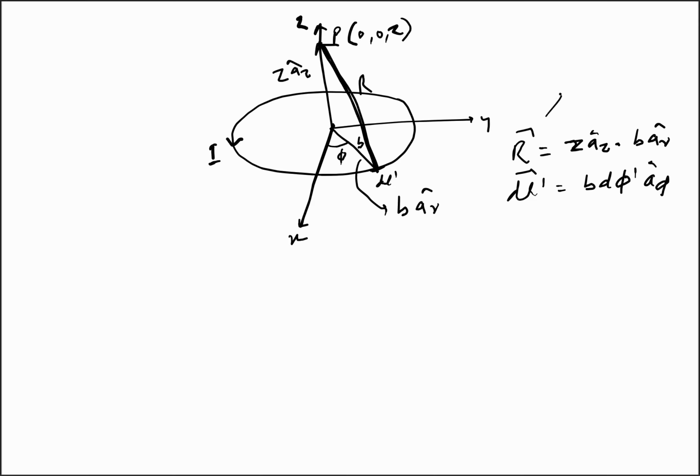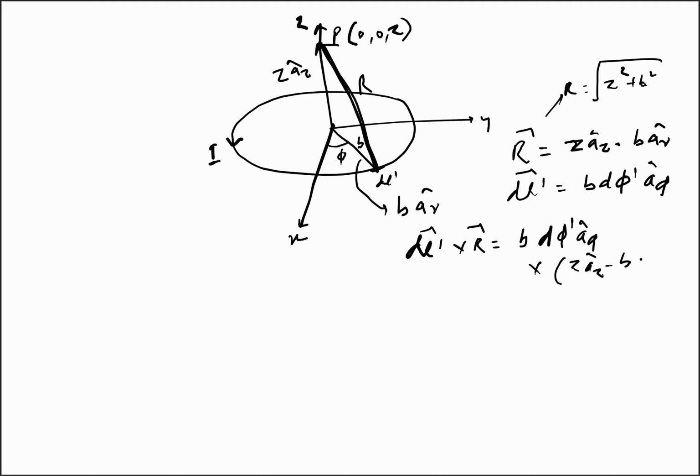So from this r is equal to √(z squared plus b squared). So dl' cross r will give us b dφ' aφ cross (z az minus b ar). Solving, we will find it equal to bz dφ' ar plus b squared dφ' az.